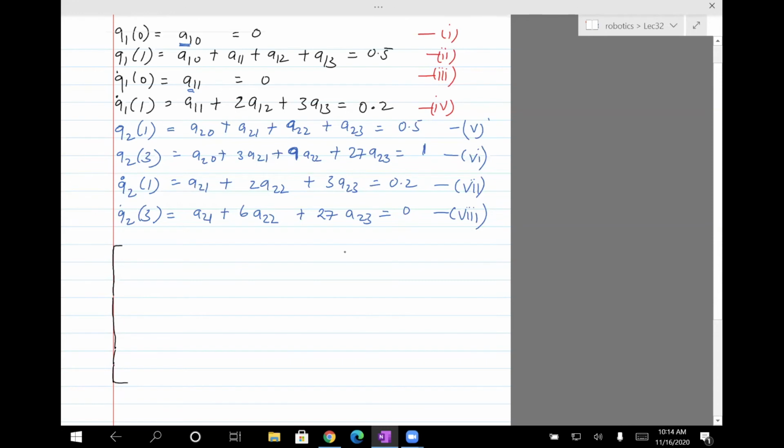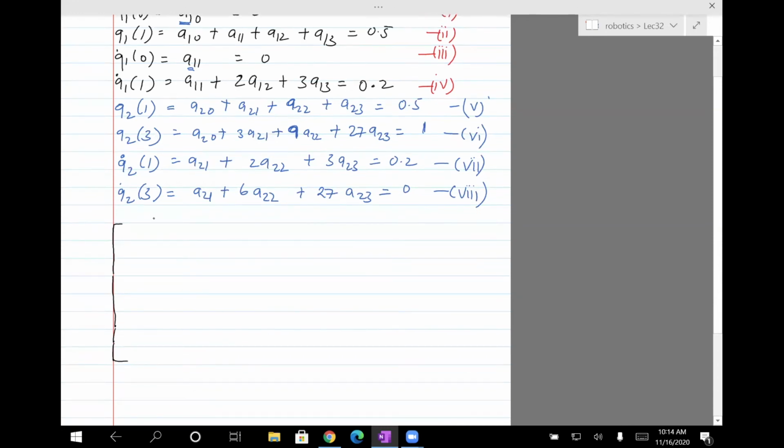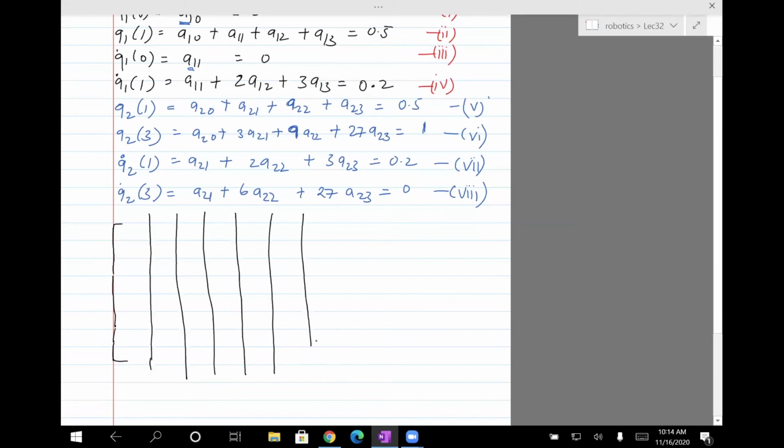And since there are 8 constants, I would have 8 columns. Those are my 8 columns, and these are going to be multiplied with the constants a10, a11, a12, a13, a20, a21, a22, a23.